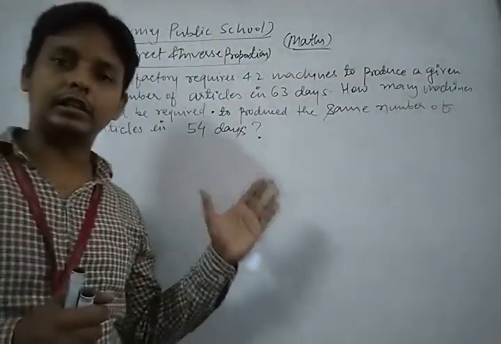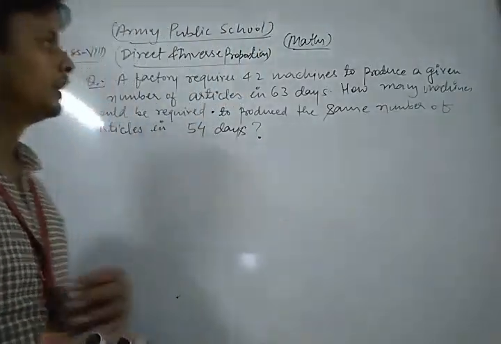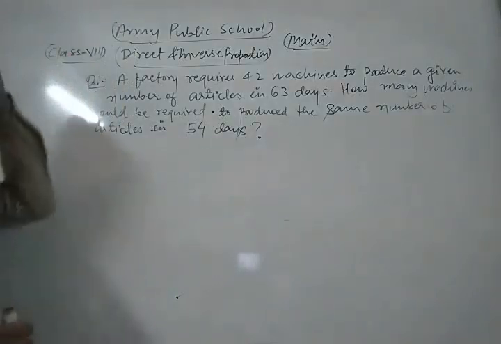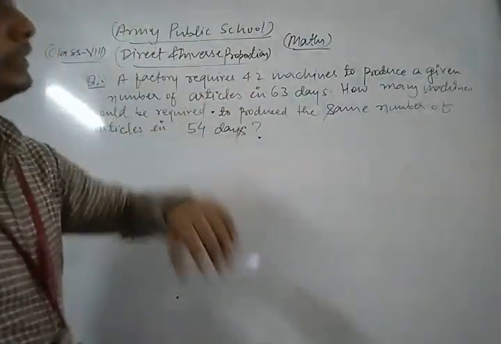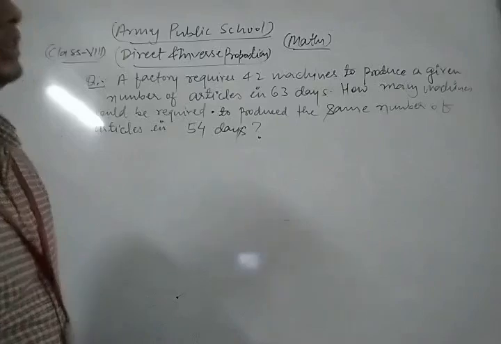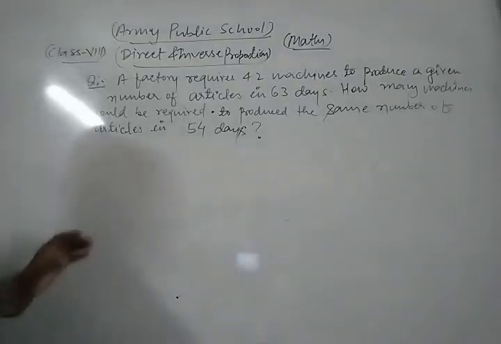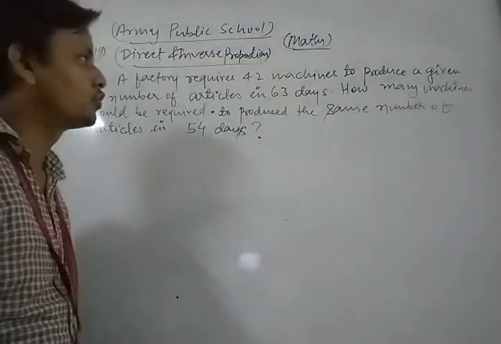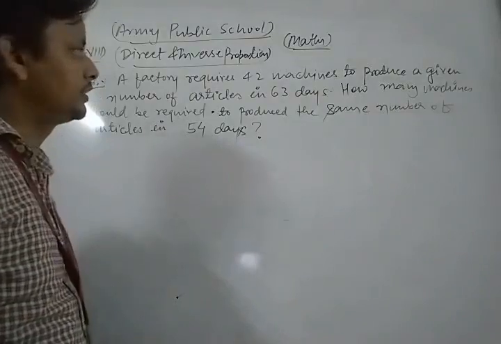Now let's clear the concept of this question. Look, the question is, dear students, a factory requires 42 machines to produce a given number of articles in 63 days.